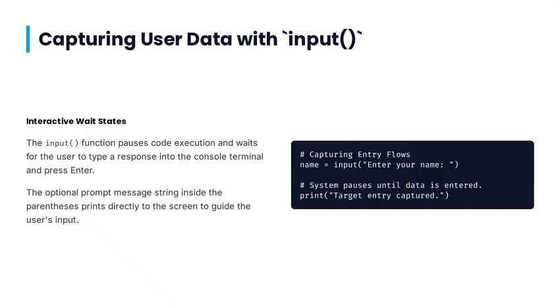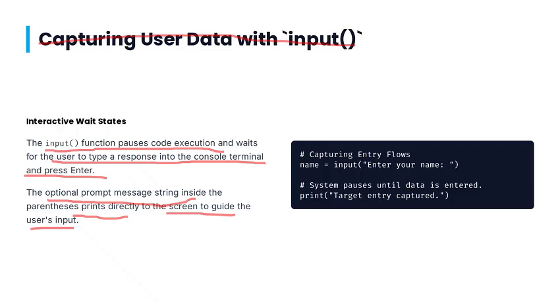Capturing user data with input. The input function pauses code execution and waits for the user to type a response into the console terminal and press enter. The optional prompt message string inside the parentheses prints directly to the screen to guide the user's input. So input is a function which is used in a program.